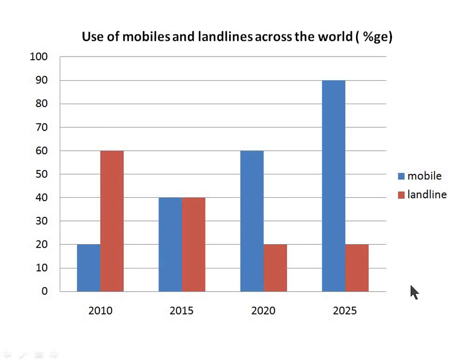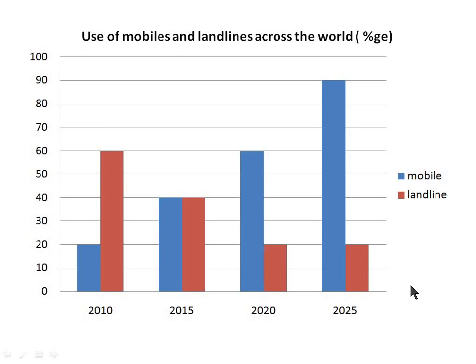Just like the graph compares use of mobiles and landlines across the world from 2010 to 2015 and a projected value for 2020 and 2025. The use of mobile was minimum in 2010, which was approximately 20%, and then it increased significantly in 2015. And it is anticipated that in 2025 the use of mobile will be 90%.